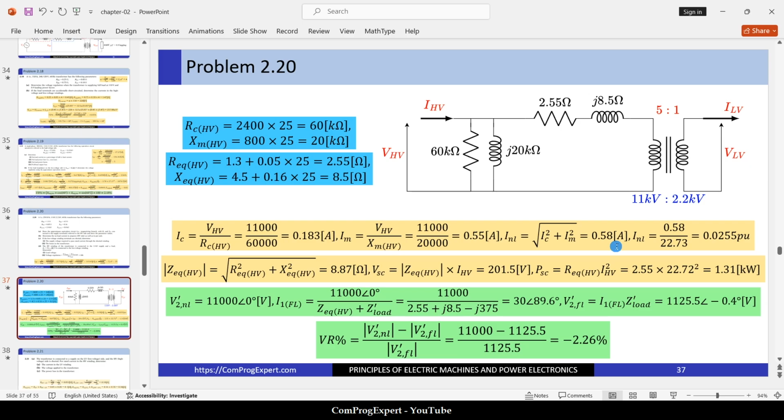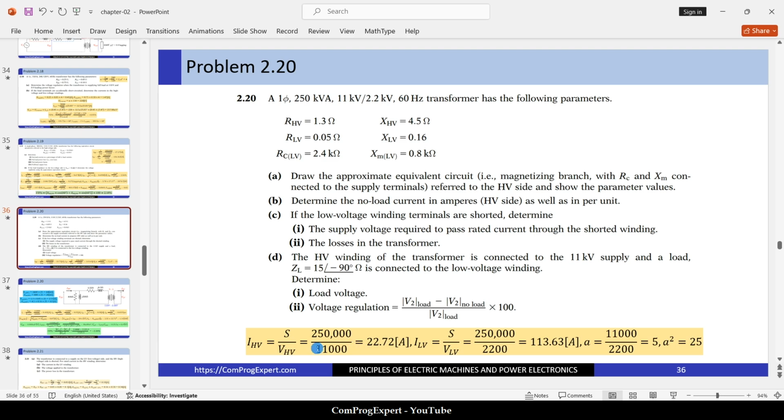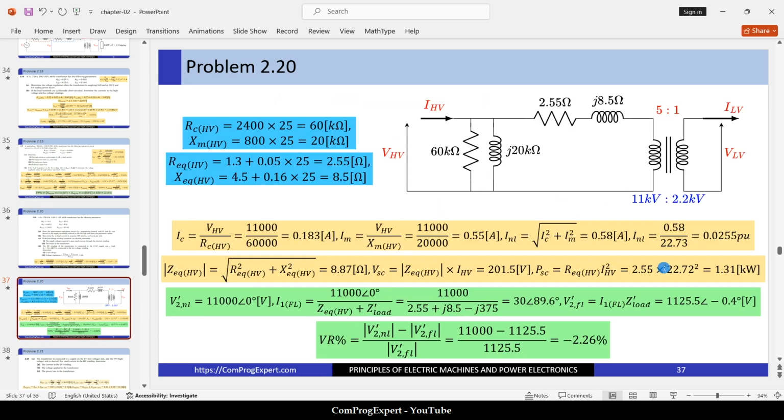What is the value of the no load current in per unit? We need to know the rated values for the current. Here is the rated value of the current for the high voltage and low voltage windings. Yes, you can see the numbers. If we divide this current by the rated one, we can calculate it in the per unit. 0.025 per unit is the value of the no load current, 2.5%.